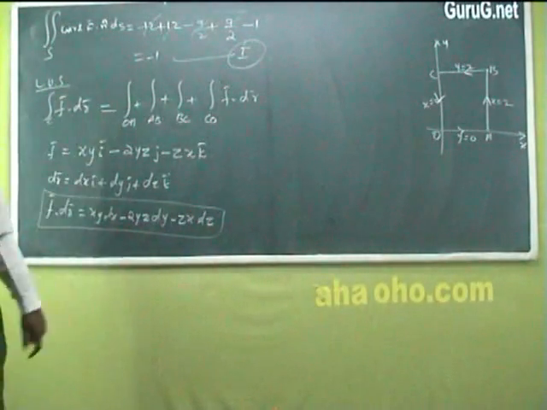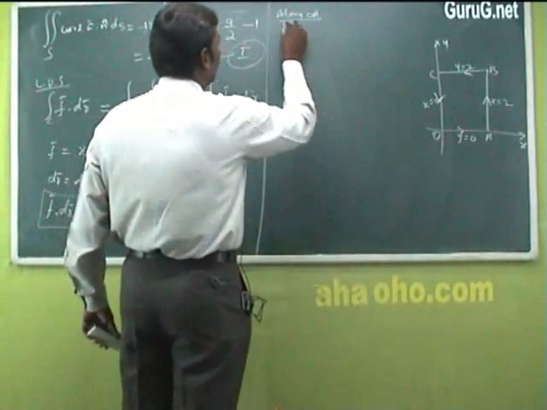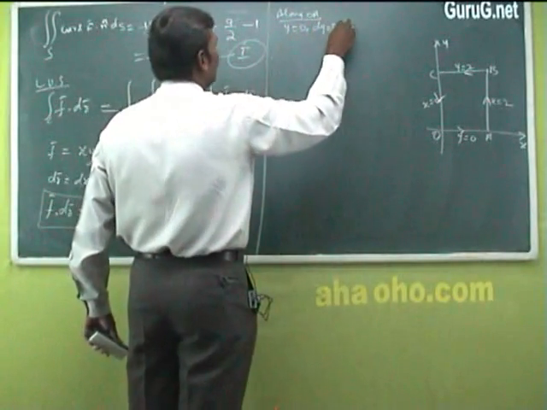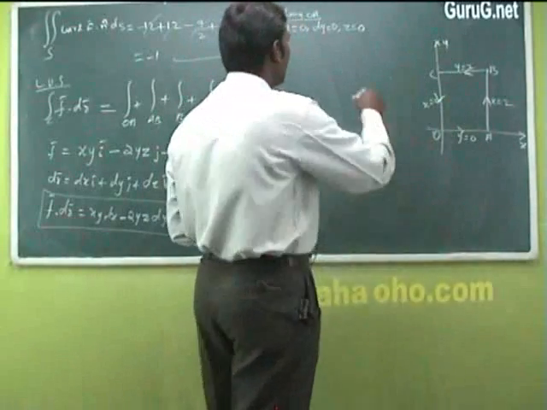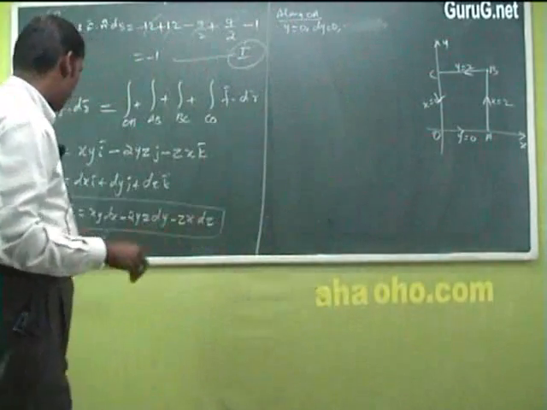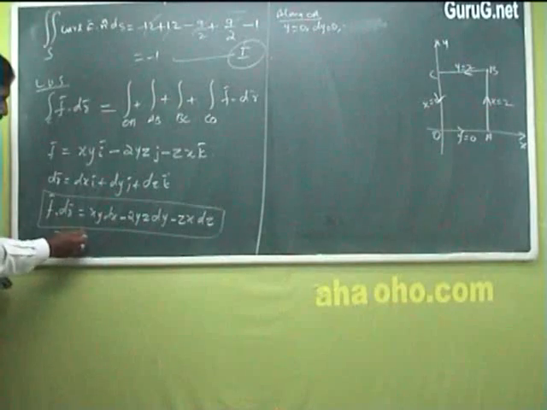So along OA, y equal to 0 and dy equal to 0 and z is also 0. This is an xy plane, so always z is 0 and dz is 0.